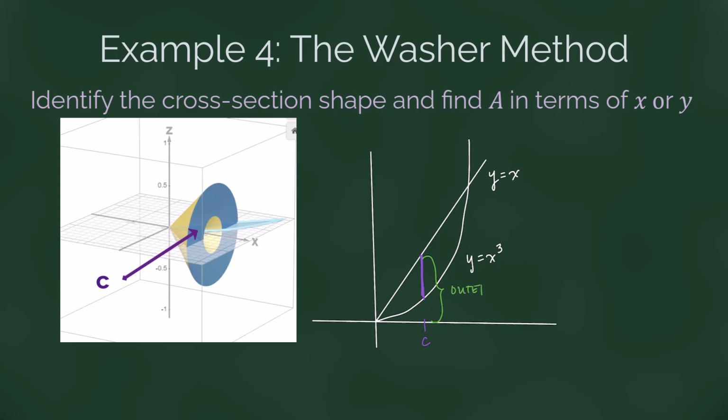We can see that at c we have an outer radius, which is going to be generated by the line y equals x. Then our washer also has an inner radius. That's going to be generated by y equals x cubed because it is the smaller of the two functions on our particular region. So given that, we see that the outer radius is going to be given by c, and our inner radius is going to be given by c cubed.